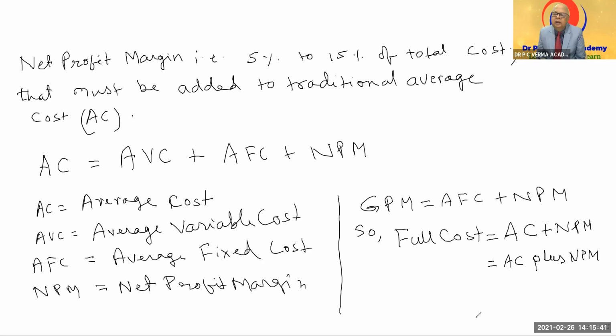Therefore, they maintain 5% to 15% as suitable funding for sudden events. There are two types of cost. One is deterministic cost. Deterministic means at 2 p.m. you will come and I will come and class will start.